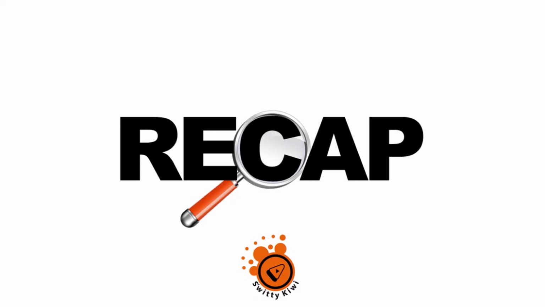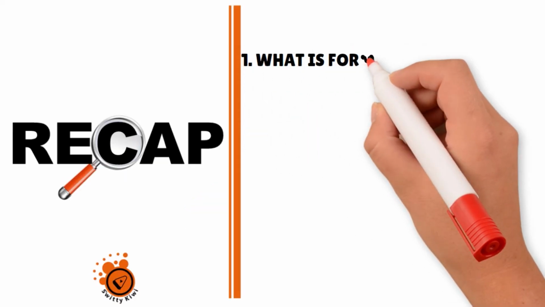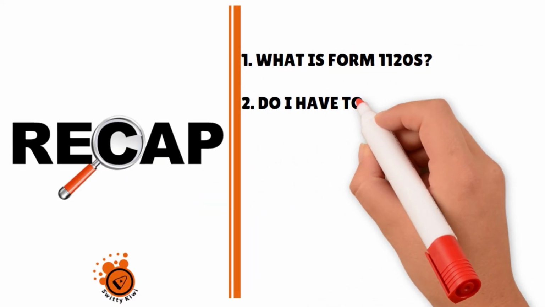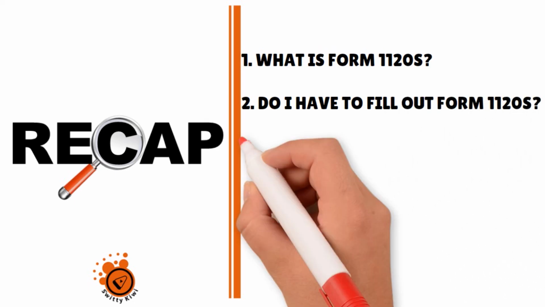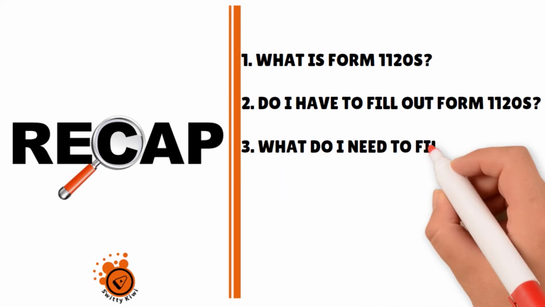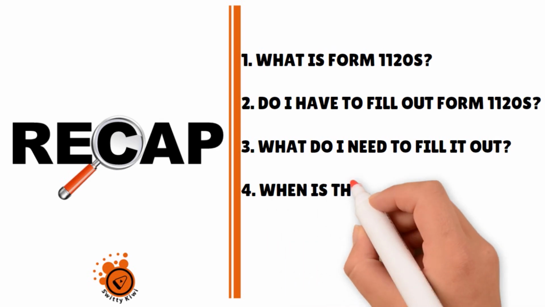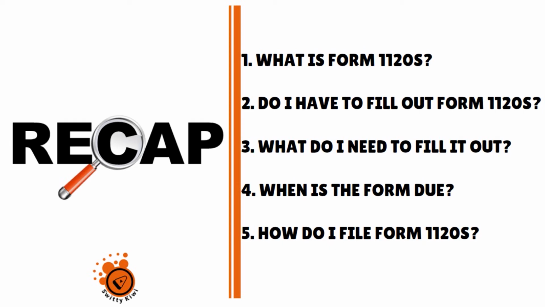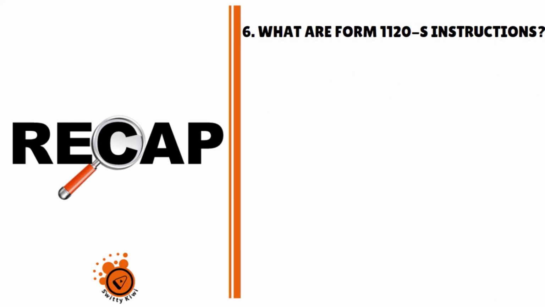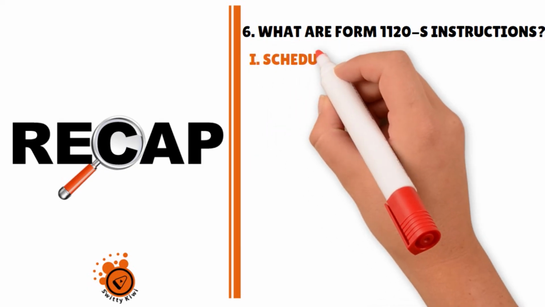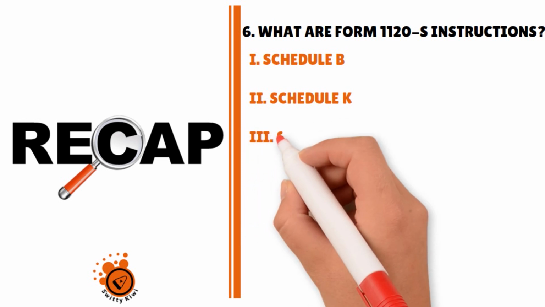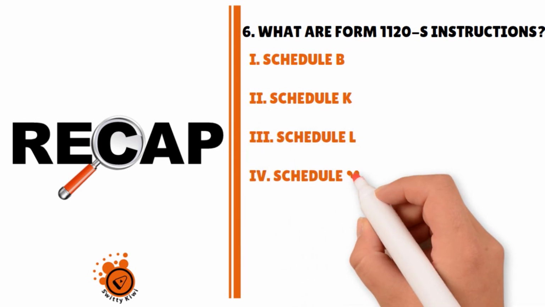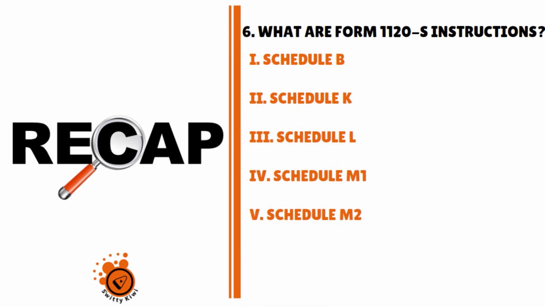I explained what Form 1120S is, whether you have to fill it out, what you need to fill it out, when the form is due, how you fill out and file Form 1120S, and what the Form 1120S line-by-line instructions are, as well as the schedules. There are 5 schedules, as I said: Schedule B, Schedule K, Schedule L, Schedule M1, and last but not least, Schedule M2.